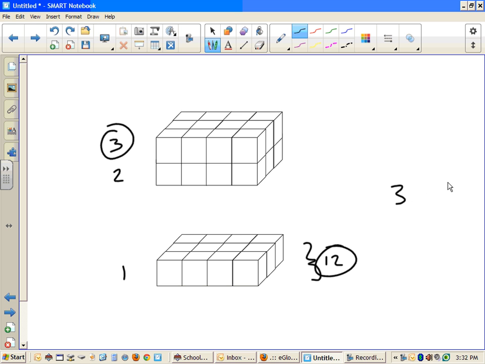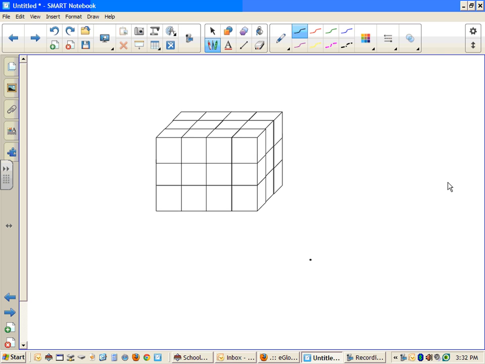And one more way. Put that back there. There's one other little way. We have 4 cubes in this part, then 3 cubes in this part, and then 3 cubes in this part.